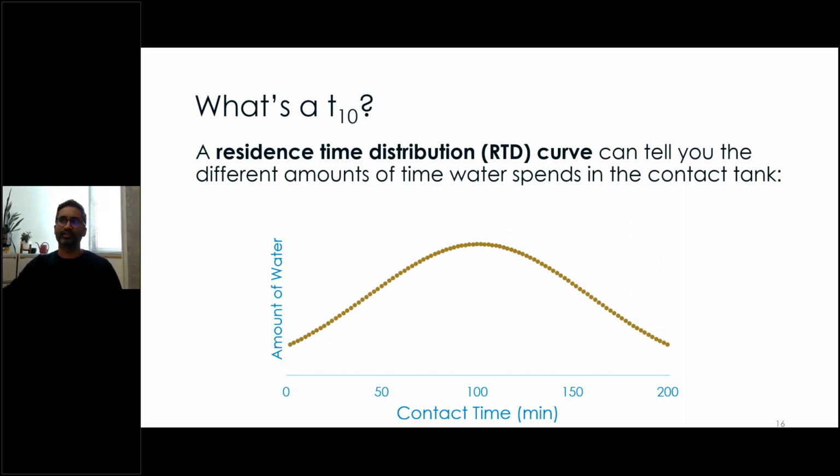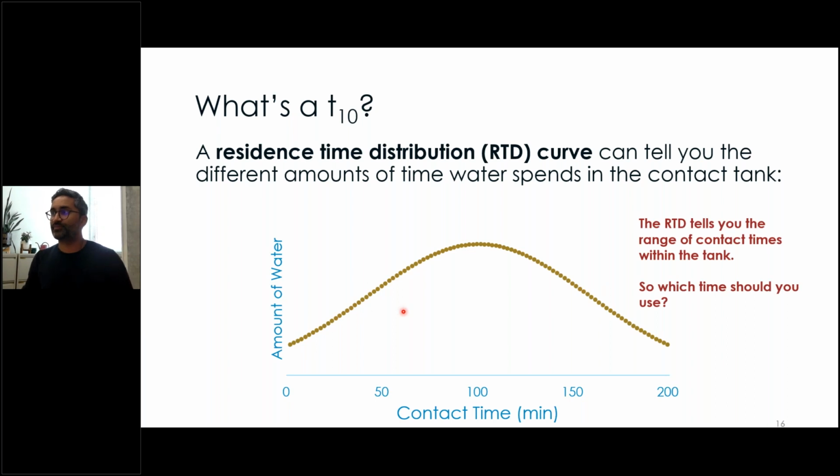They might end up with a curve that looks like this, where some of the dye comes out right away, and some takes a lot longer to come out. Because we have a distribution like this, it's hard to know how to use one number to say this is how much time the water spends in my contact basin.